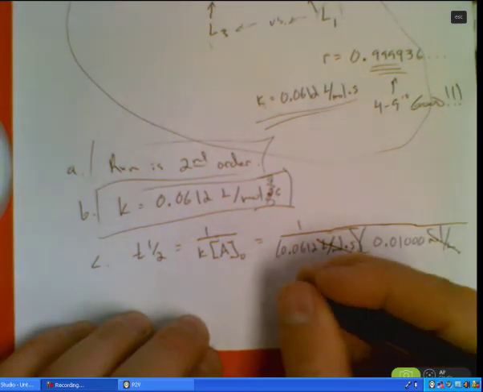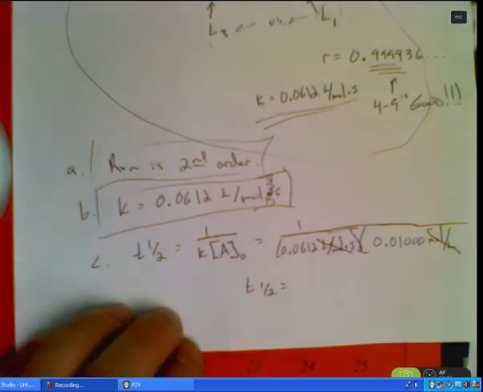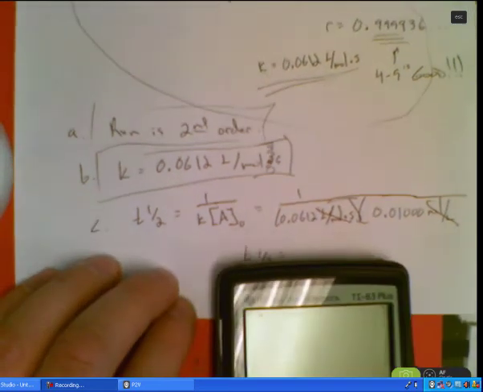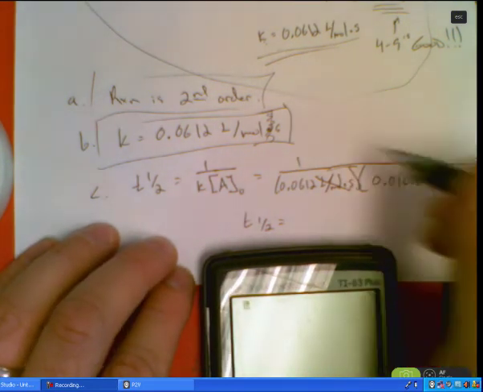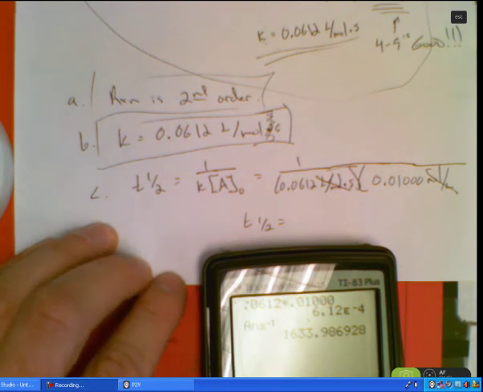Okay. So when you calculate that out, T sub 1/2 equals, I'm just going to multiply the bottom, then hit inverse. 0.0612 times 0.01000, enter, inverse that, enter. Ooh.